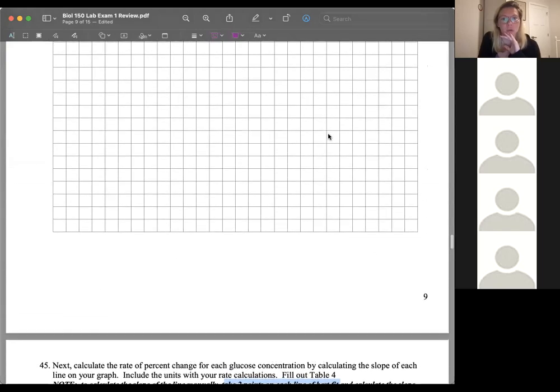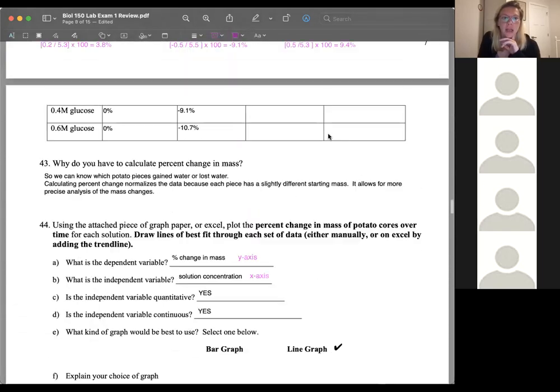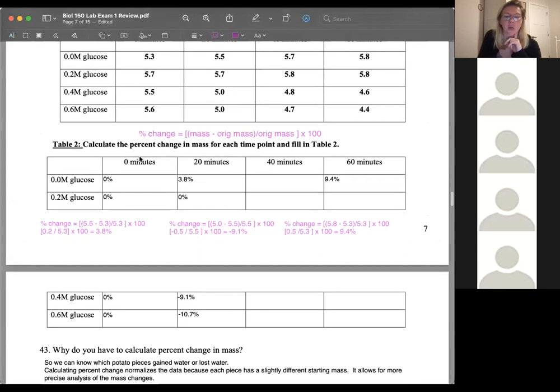Typically you want to pick 2 points that are far away from each other, so you get a good spread of what the slope of that line is. I tend to use the 0 minute time point and then whatever the longest time point is. It makes it easier to calculate using the 0 minute.